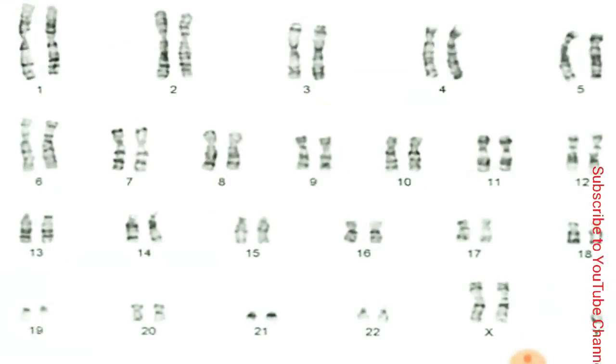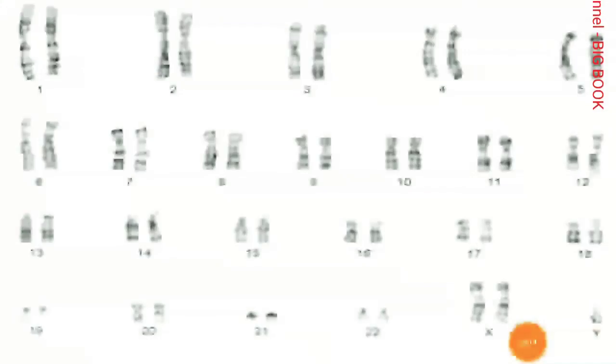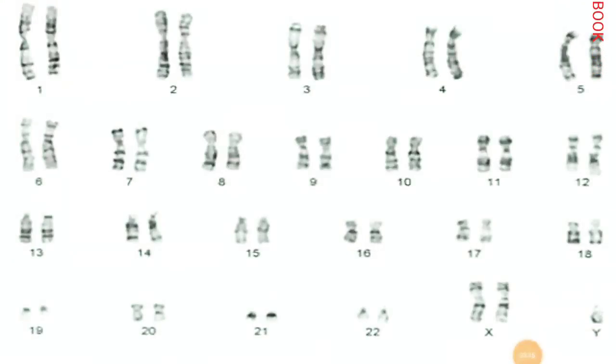So here this is the slide for Klinefelter syndrome. Here you can observe that this is the XX, here it is the Y chromosome, 2X and 1Y chromosome. This is the karyotype.